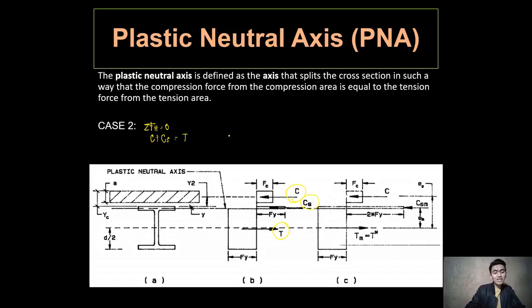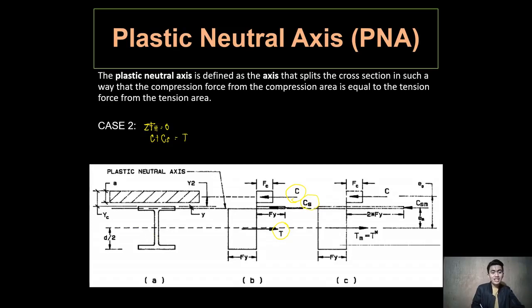Now, how about if the plastic neutral axis is located on the web of your steel section, say at this part? So what are you going to do? Same concept. However, the location of your plastic neutral axis will be here at the web, wherein there will be a few alterations on our computation.